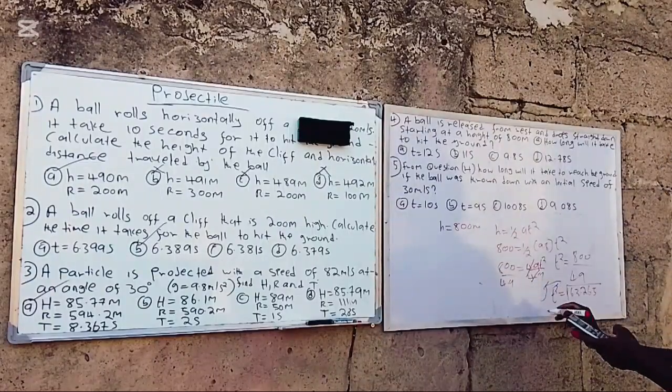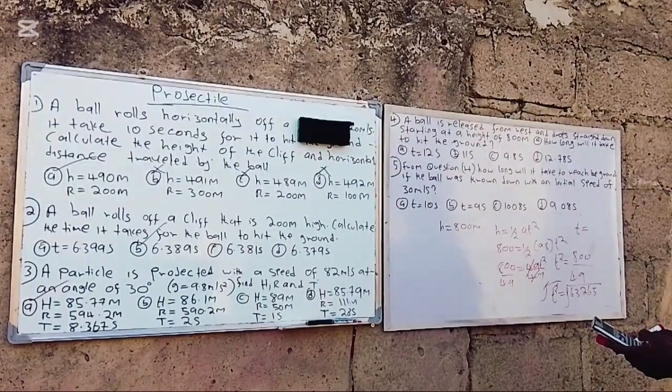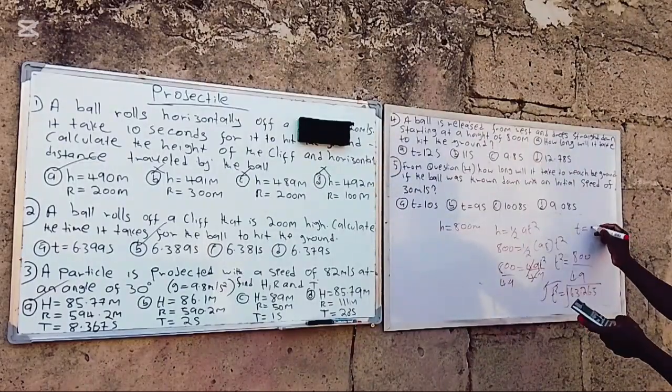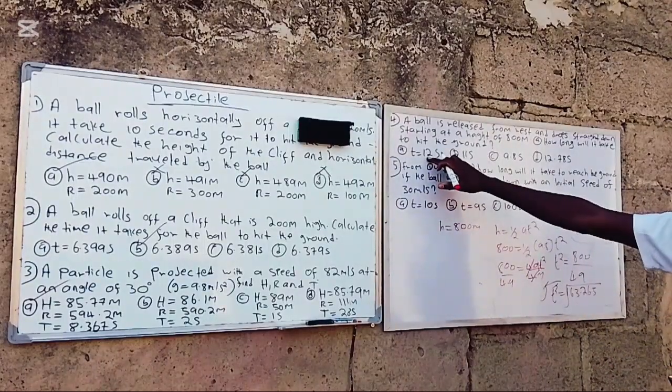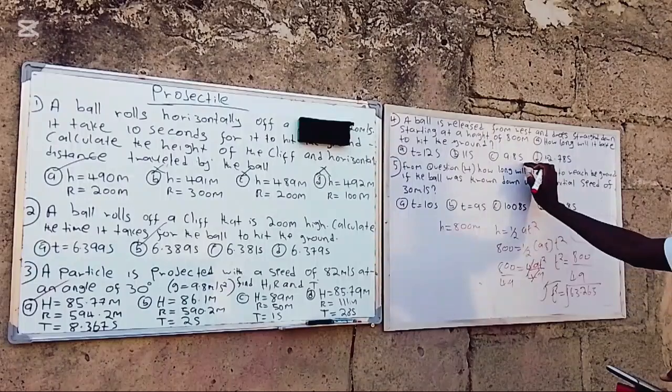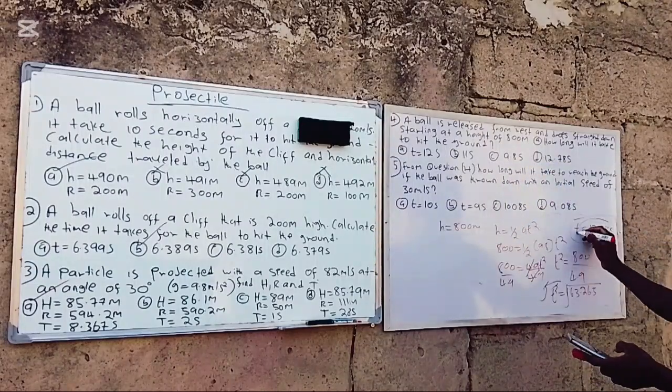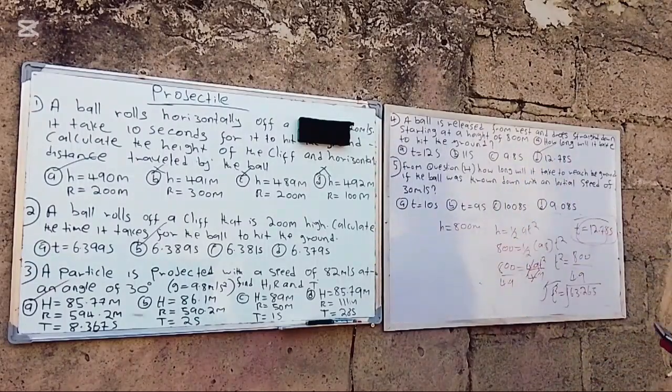Take the square root of both sides, and therefore t should now be equal to the square root of this answer, so I'll get 12.78 seconds. So D is the final answer of this question.